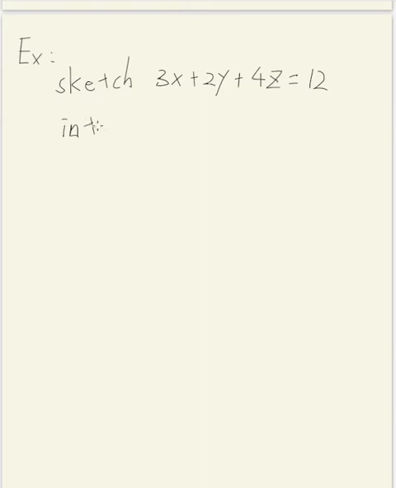So first, let's consider the intersection with the x-axis. Well, the intersection with the x-axis means y and z are both 0. So we get 3x equals 12.